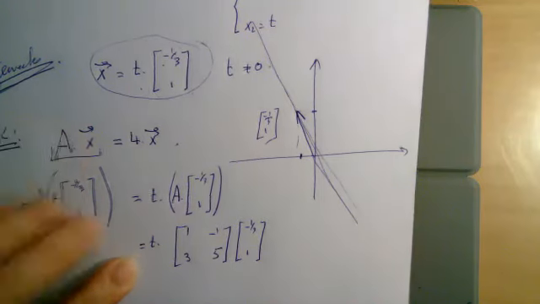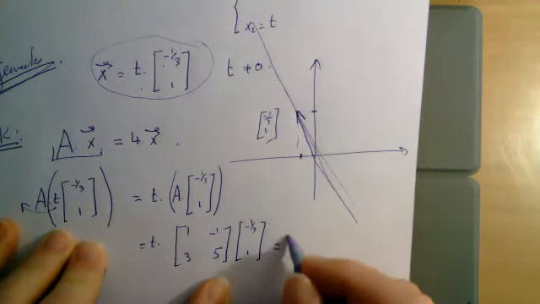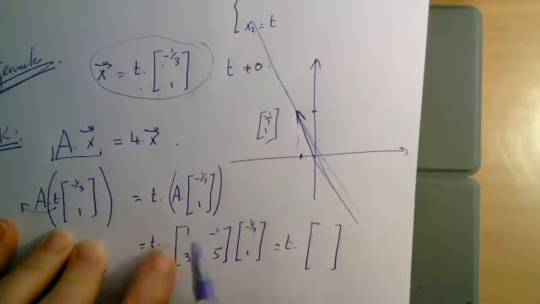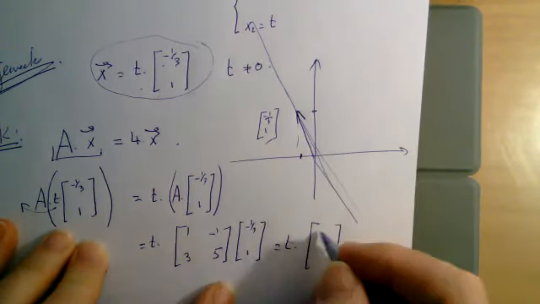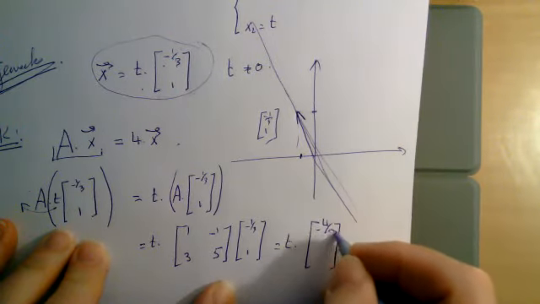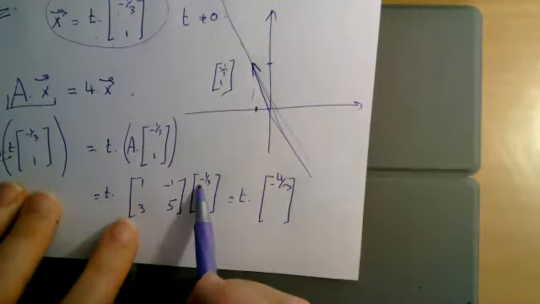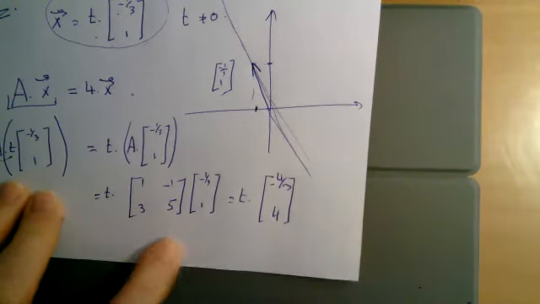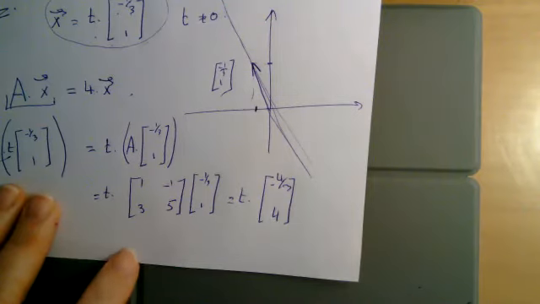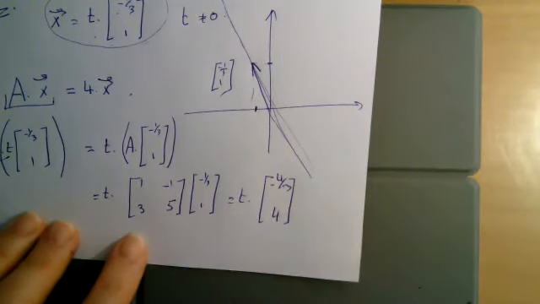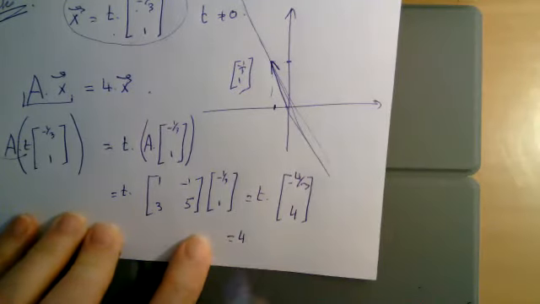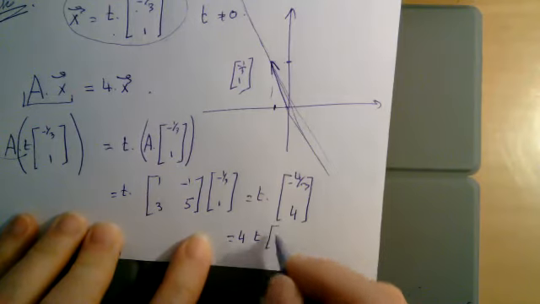So this is equal to t, my scalar, and now let's see what I get in here. Minus 1/3 minus 1, that's minus 4/3, and 3 times minus 1/3, that's a minus 1, and a minus 1 plus 5, that's 4. And of course, I can factor the 4. If I factor the 4, what would I get? 4t times (minus 1/3, 1).